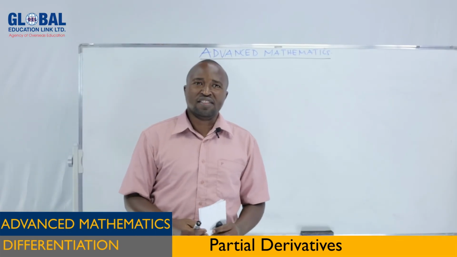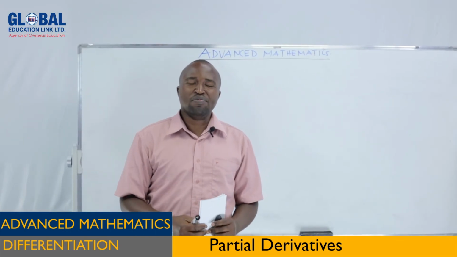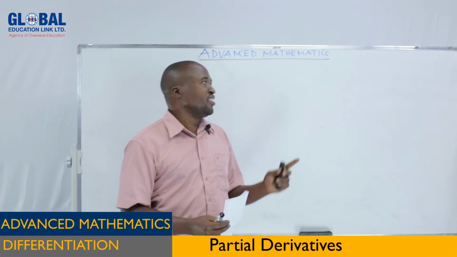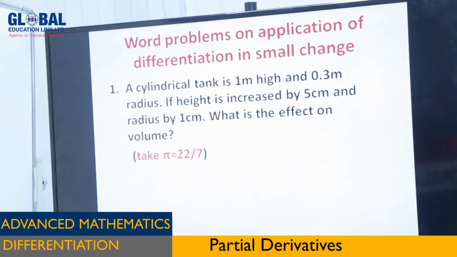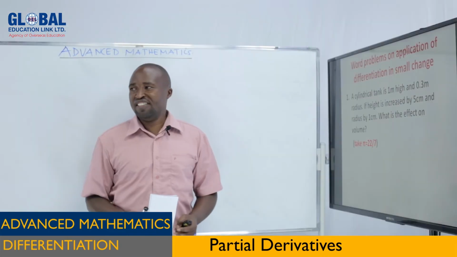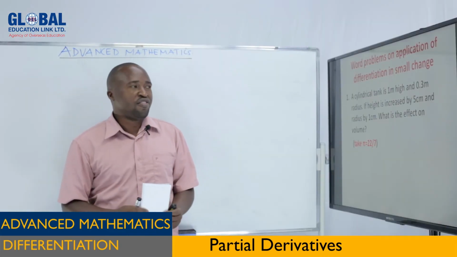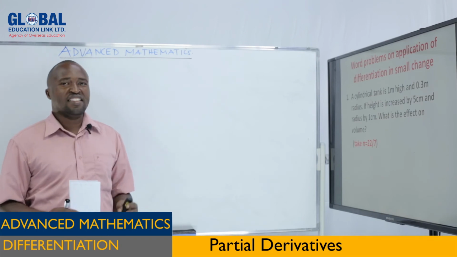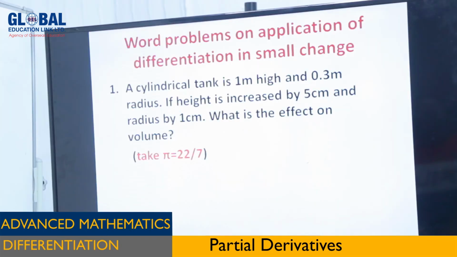Okay, dear students, let us proceed with word problems, and that is word problems on application of differentiation and small change. We have the first question: a cylindrical tank is 1 meter high and 0.3 meter radius.